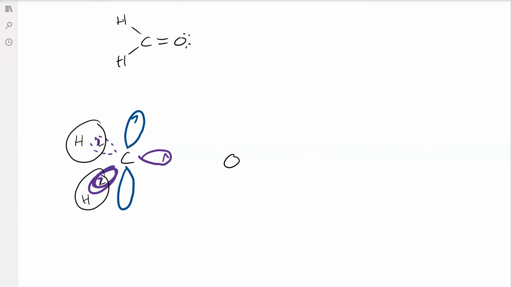On the other side, we've got oxygen, which is also going to adopt an sp2 hybridized shape. So we're going to have direct bond overlap there, a little bit closer, and form a sigma bond with oxygen. The other sp2 orbitals of oxygen will house its lone pairs. So we'll label these sp2, sp2, sp2.